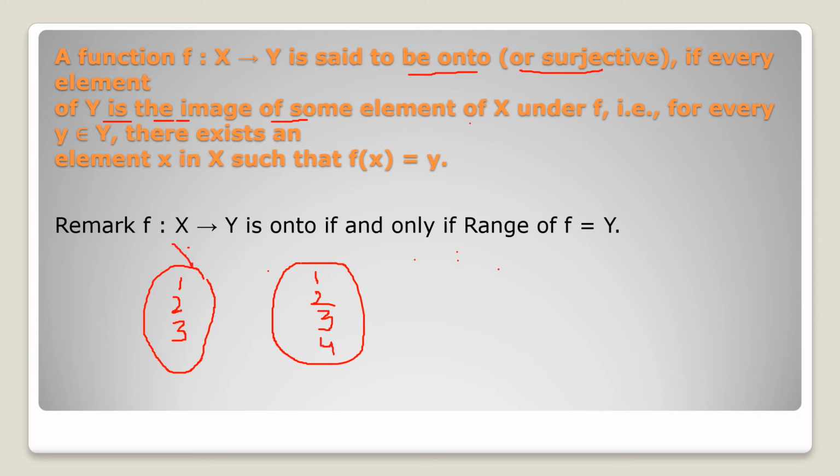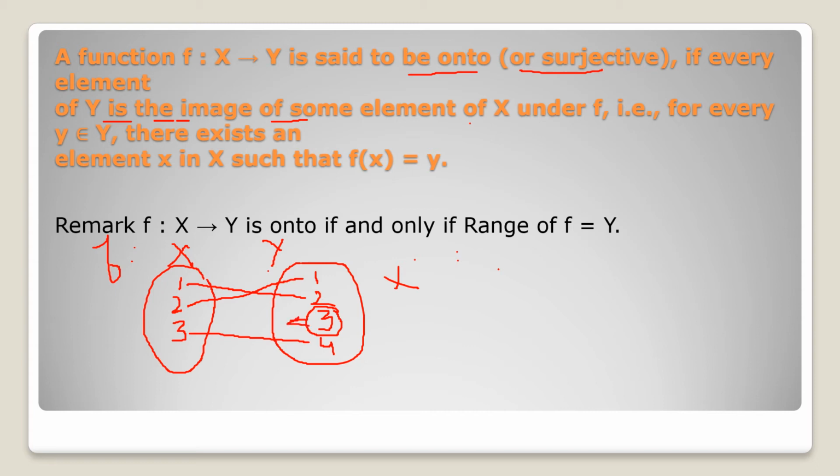Let us say this is set X and this is set Y, and we have defined a function f from X to Y such that image of 1 is 2, image of 2 is 1, image of 3 is, let us say 4. So is this function onto? No, this function is not onto. Why? Because there is an element 3 in Y which does not have any pre-image. Therefore, this function is not onto.